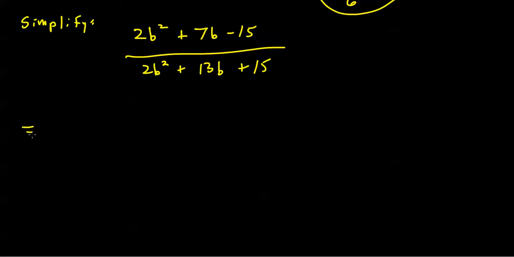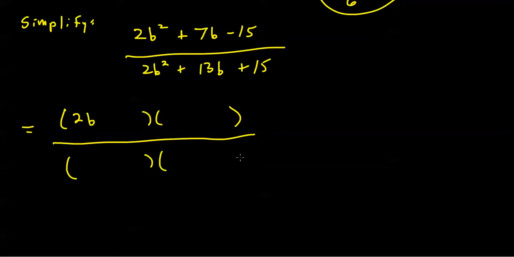Of course we've got sums and differences of monomials in both numerator and denominator, and you can't cancel out pieces of sums and differences. You've got to identify common factors. So I'll factor completely numerator and denominator. I think the numerator will factor as 2b and b in the first slots. If I've got 5 and 3, I think I see it.